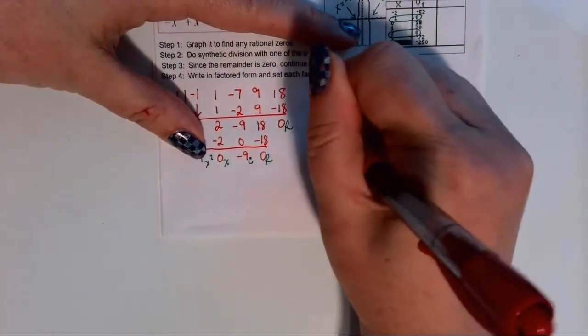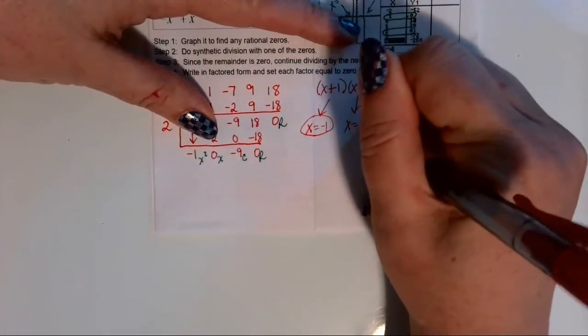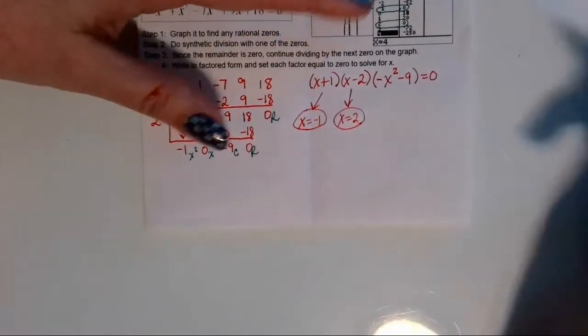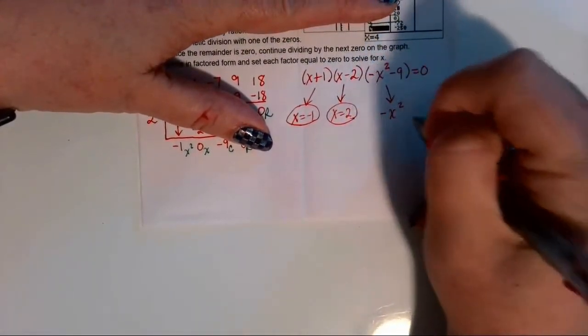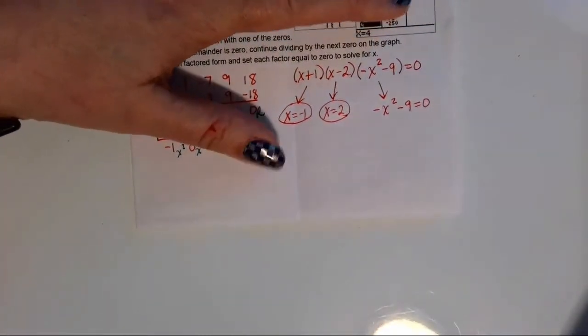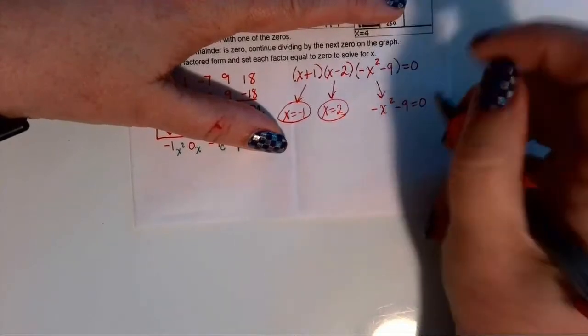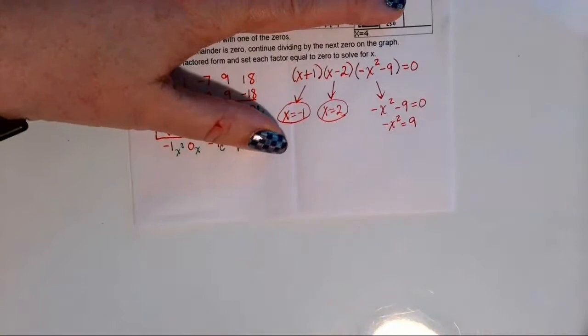So x equals -1, that was a zero we saw on the graph. x equals +2, that's a zero we saw on the graph. But this quadratic factor here, -x² - 9 equals 0, I'm going to solve that for x by adding 9 to both sides. Solve -x² equals 9.